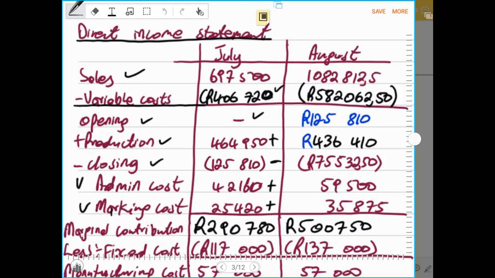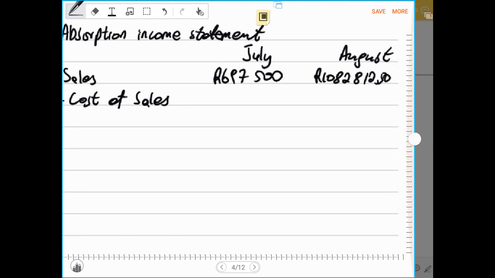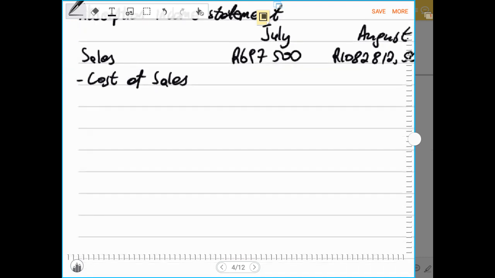And sales for August will be 1,082,812.50. So now that will be our sales for the month of August.